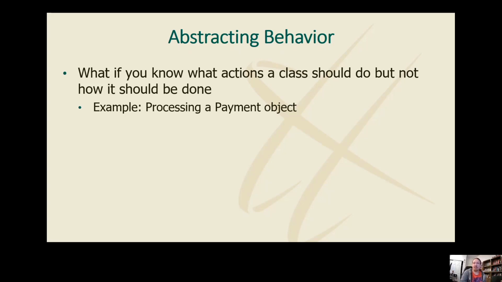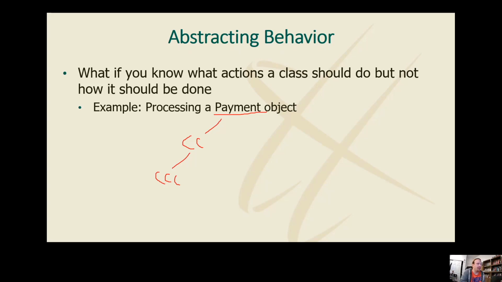Let's imagine that we have something that's like a payment, right? And we're going to want to create something that processes payments. We've already created stuff like this. We've created a credit card and a chip credit card, right? Payment could be the super type to those. But we could have lots of different things, right? We could have our credit card and our chipped credit card.